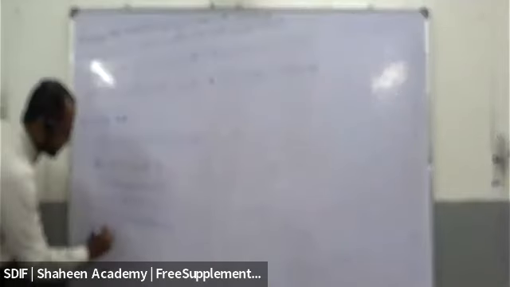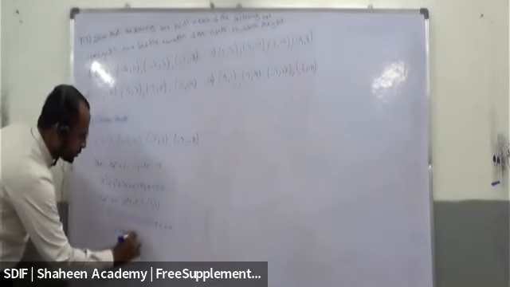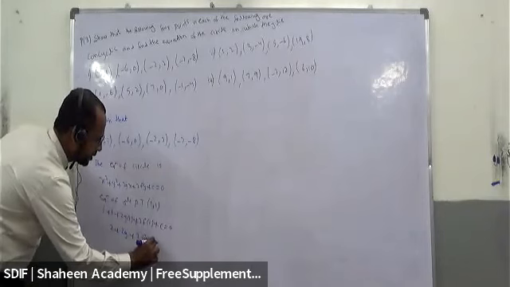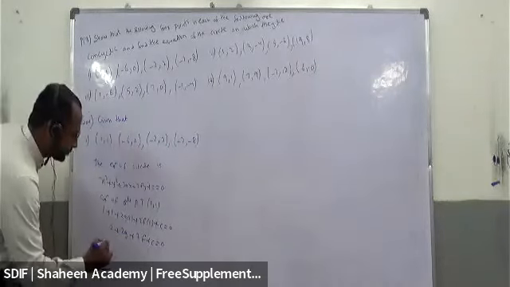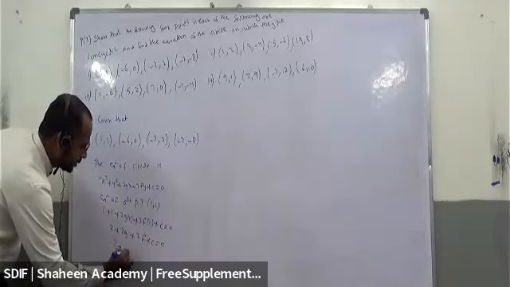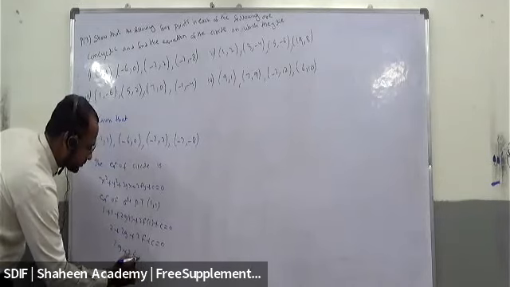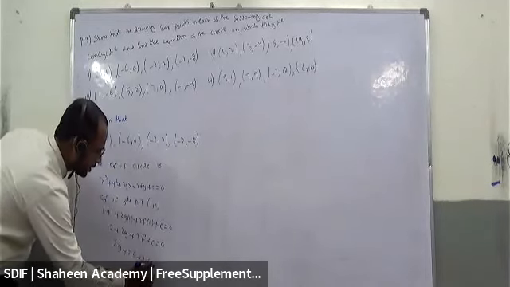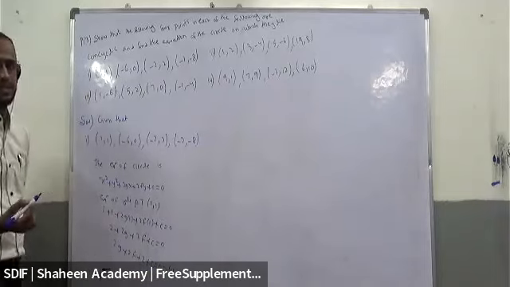Simplify it: 1 plus 1 is 2, so 2g plus 2f plus c plus 2 is equal to 0. This is our equation first.